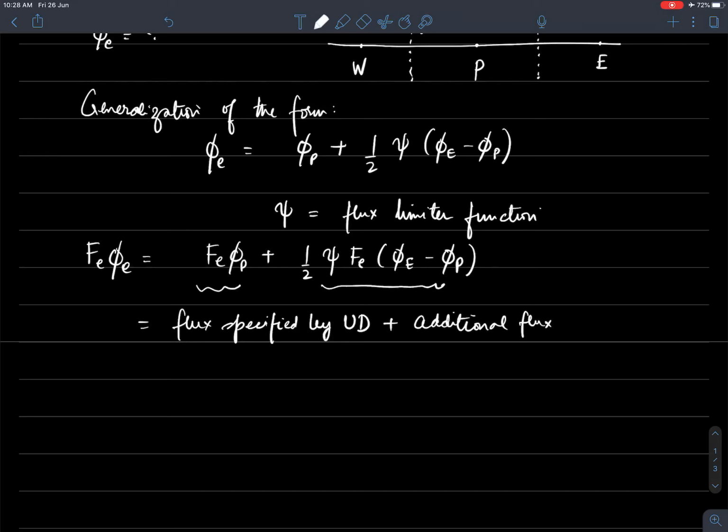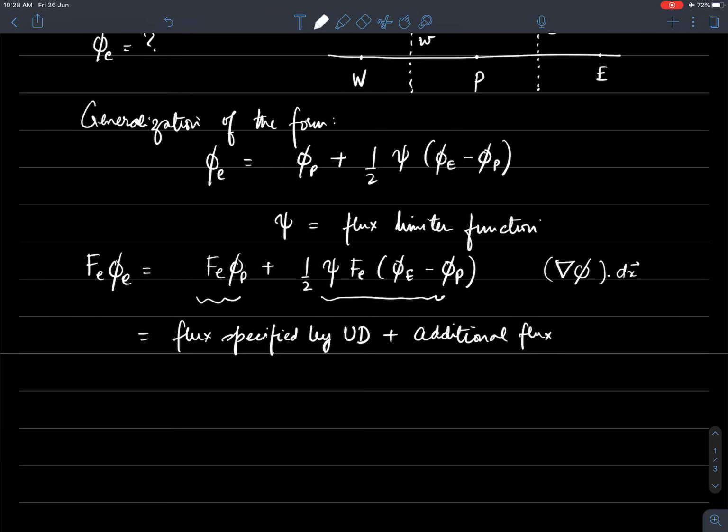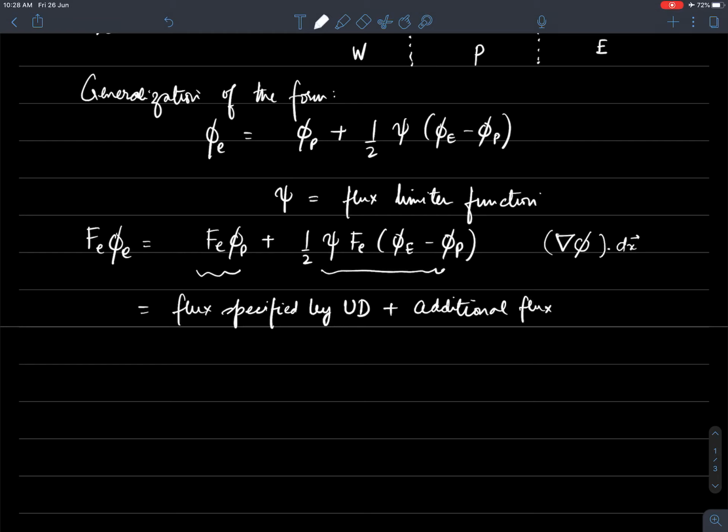This additional flux is psi into phi E minus phi P. Phi E minus phi P is sort of like the gradient of phi, right? It is gradient of phi into some length, so maybe dot dx if you want to write it this way. It's analogous to this part. So I can say this is an additional flux which is connected to the gradient of phi.